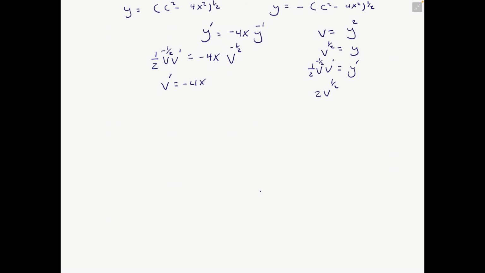Okay, so now we have dv/dx is equal to minus 4x. V of x is equal to minus 4x dx plus c.